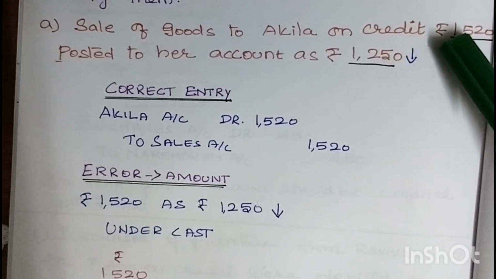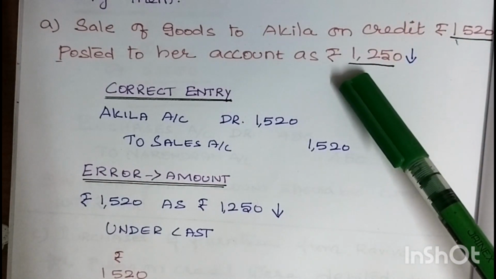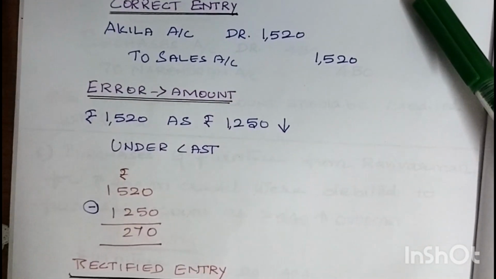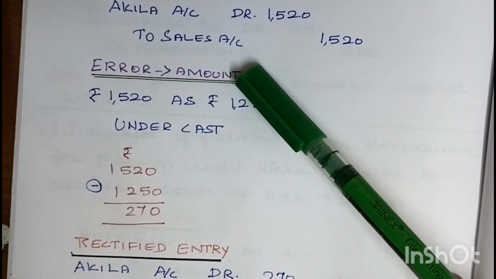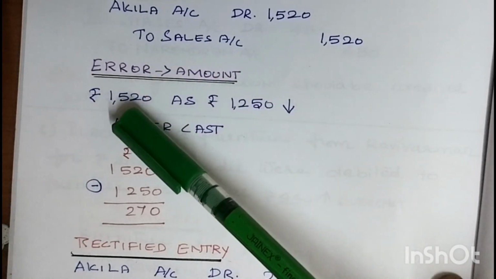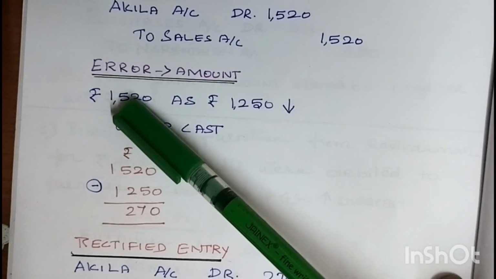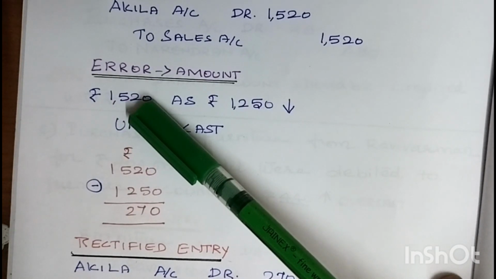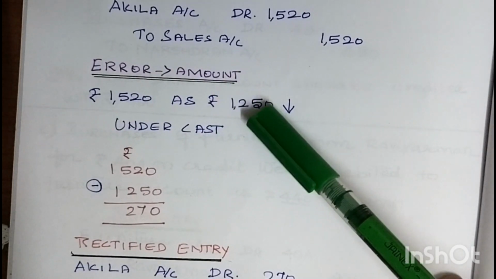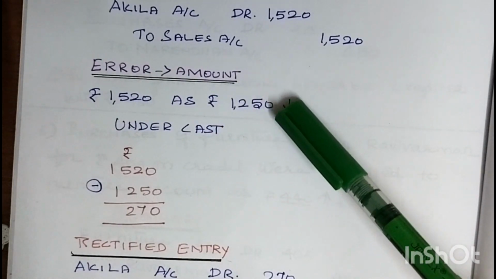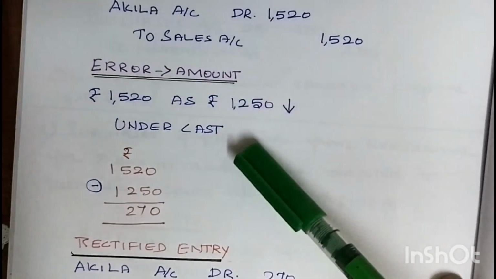So where is the error? Amount is the error. We have to enter 1520, but what is entered? 1250. So it is undercast.